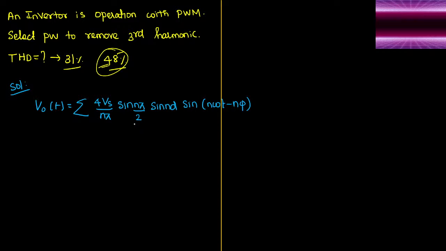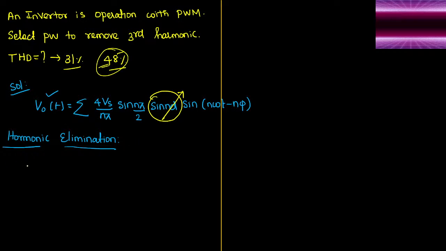Now here, in this output voltage, how are we trying to eliminate the harmonic? Harmonic elimination technique involves the displacement angle, which is d. With the help of this d only, we are trying to eliminate the nth order harmonics.